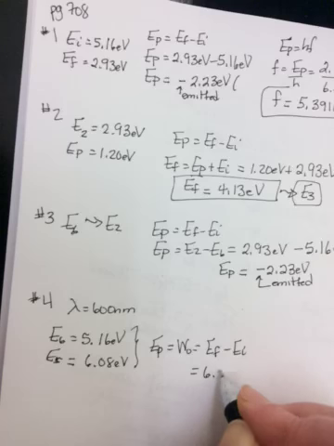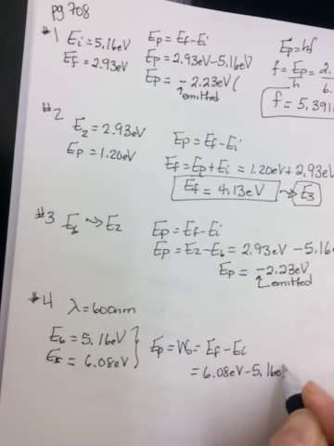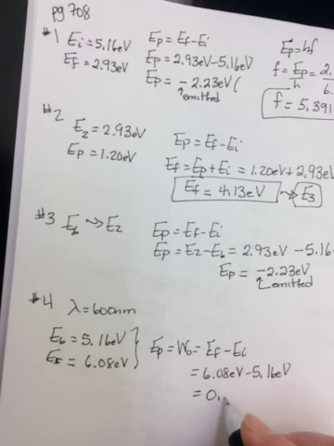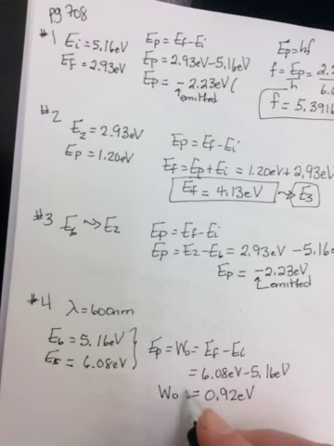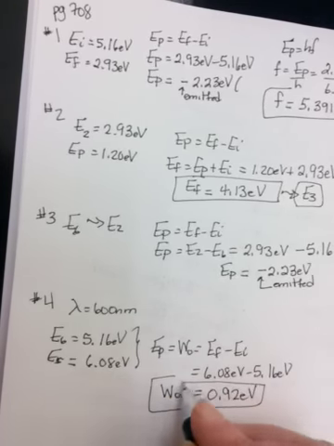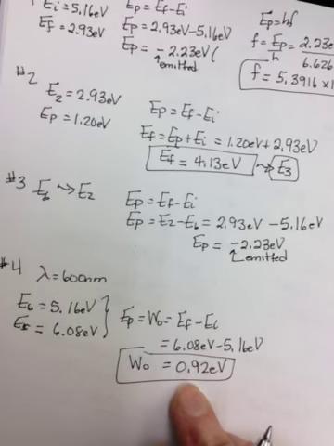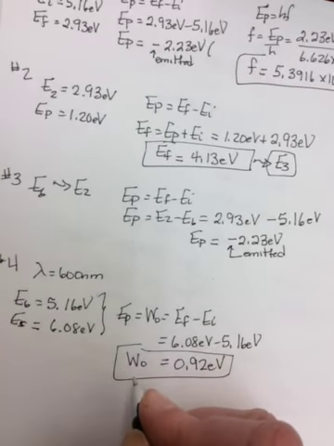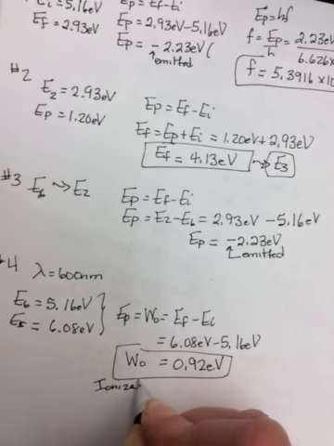And so it'll be 6.08 electron volts minus 5.16 electron volts. So when you do this, you get 0.92 electron volts. And like I said, this is kind of like the work function of that particular electron, how much energy that particular electron needs before it'll be ionized. So it's the ionization energy.